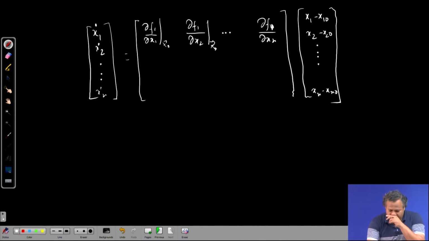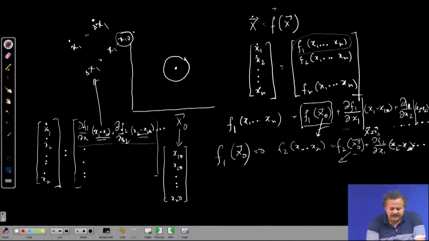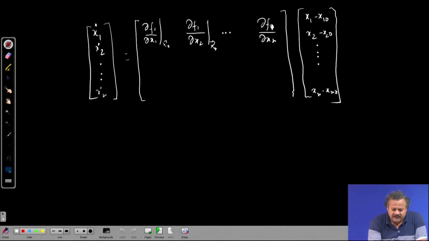So by multiplying this row with this vector, we get the term that we had written earlier, which is this sum. Similarly, for the next function, del f2 del x1 evaluated at x naught, and del f2 del xn evaluated at x naught.